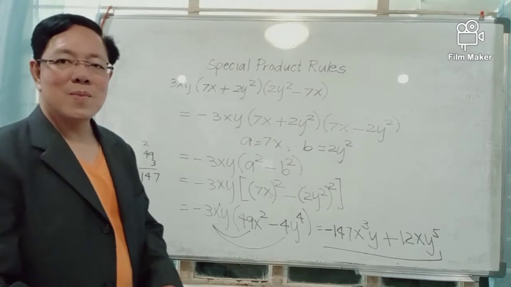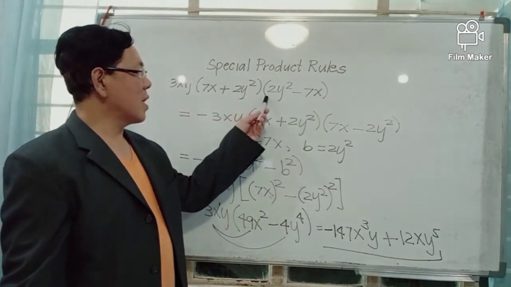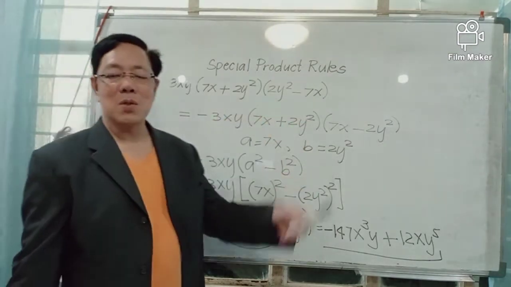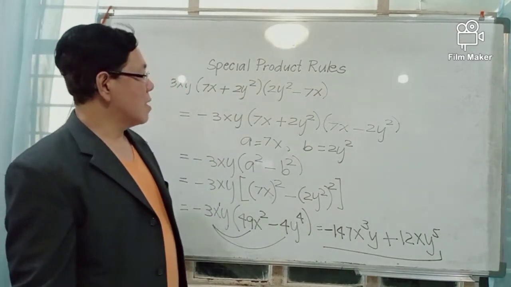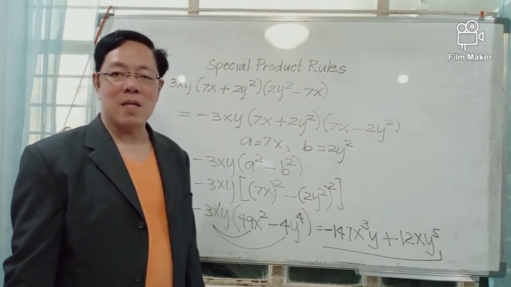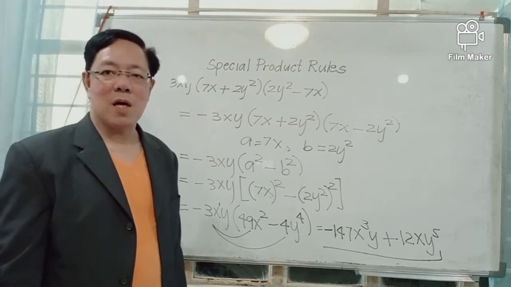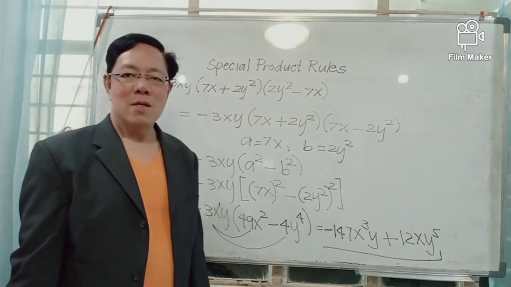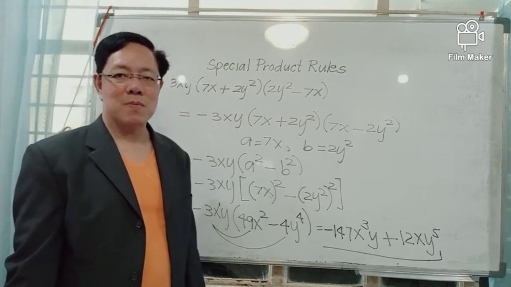3xy multiplied by 7x plus 2y squared multiplied by 2y squared minus 7x. Again, when you see two binomials in the given product and they have the same first term and the same second term, only they differ in the operations between the two terms in the two binomials, you know that you will apply the first special product rule.